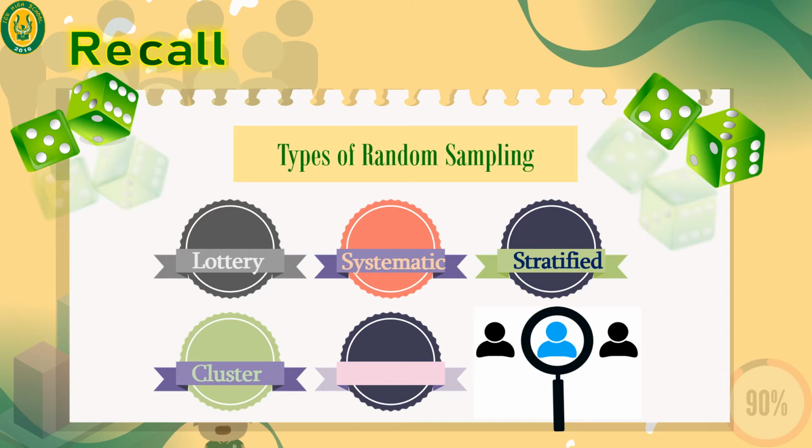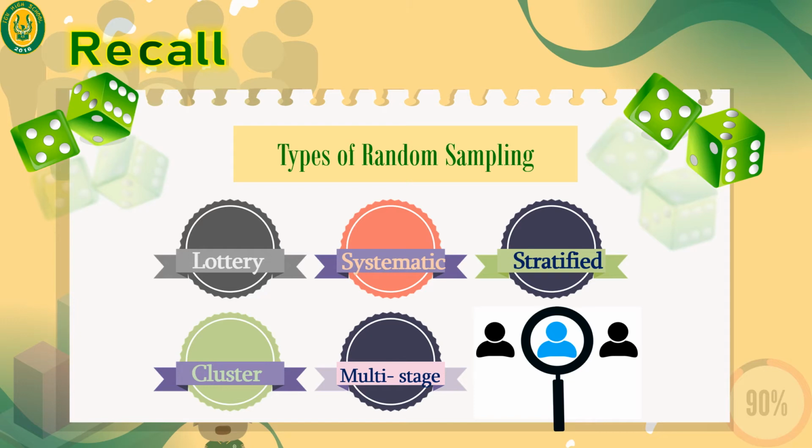And then the last one is the multi-stage random sampling. This happens when you combine two types of random sampling. For example, you have lottery sampling, and then from that lottery sampling, you divide them into strata, or maybe you first classify the data into different strata, and then you proceed by drawing data out of those strata.